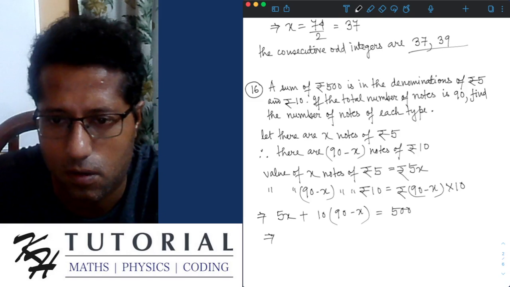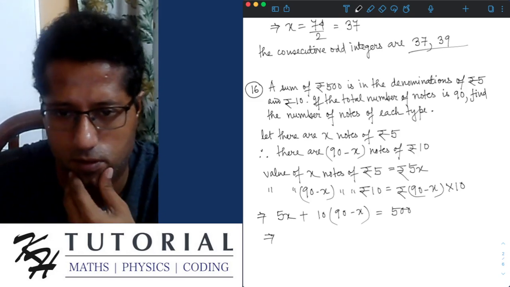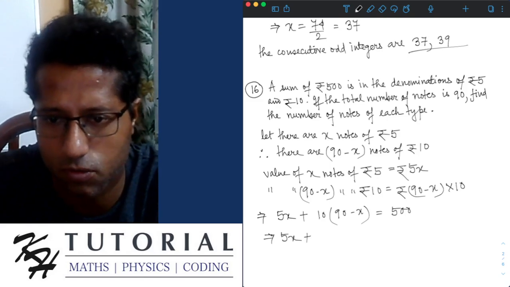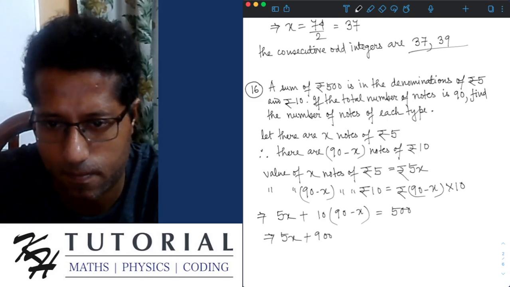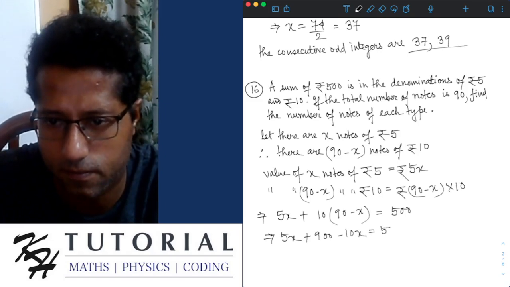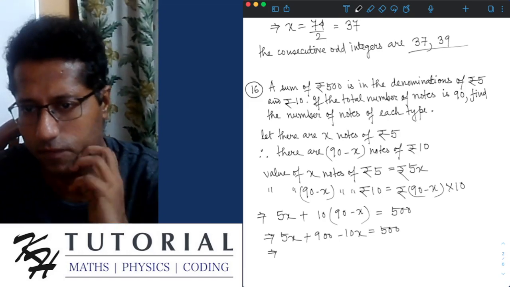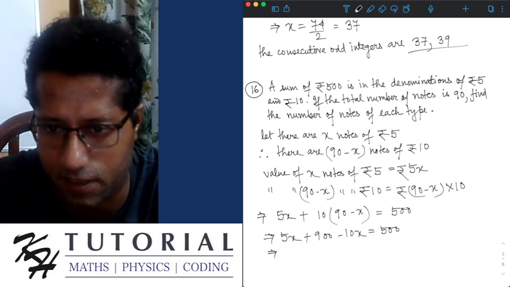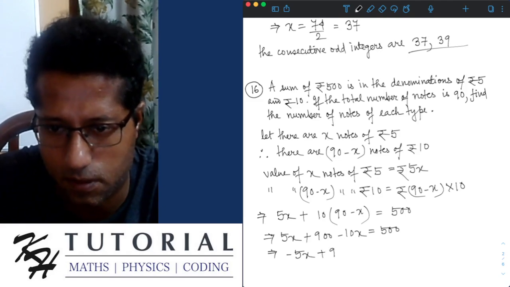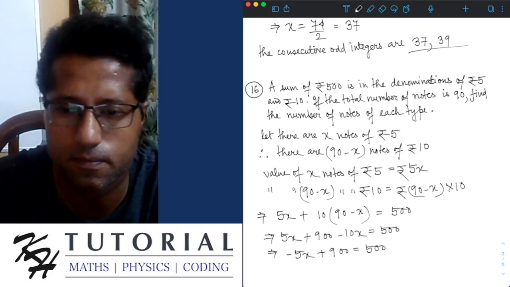Now after simplifying the left hand side, it becomes 5x plus 10 into 90 is 900 minus 10x equals 500. Now we will add the variable terms, that is 5x minus 10x becomes minus 5x plus 900 equals 500.